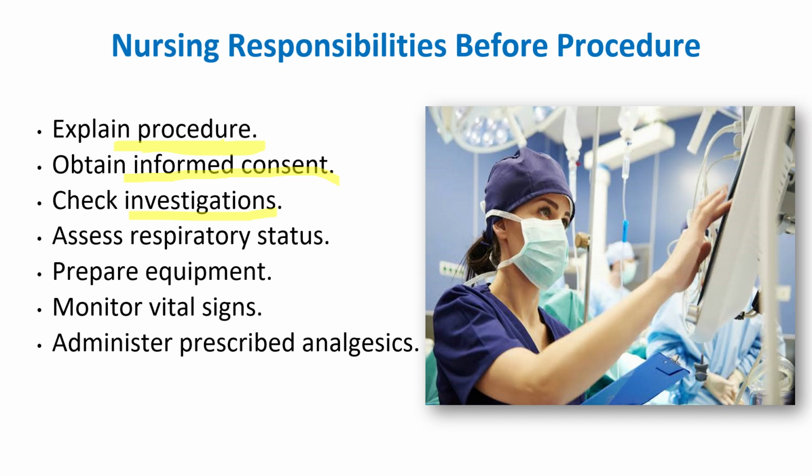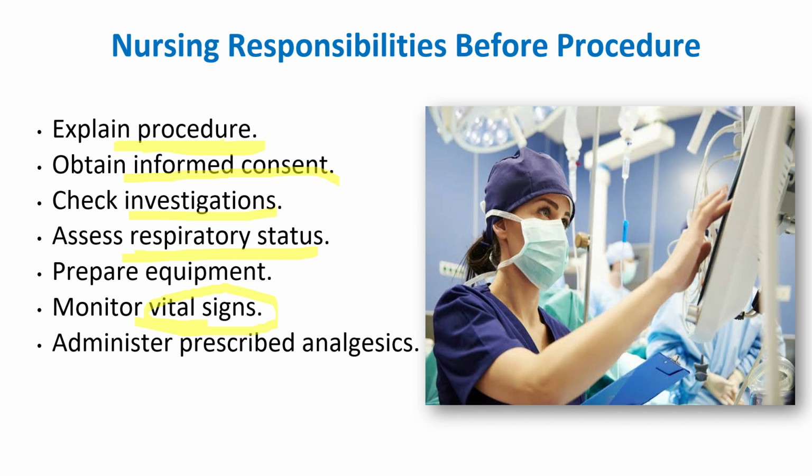Definitely you have to assess the respiratory status. So you have to check vital signs, and in that RR, respiratory rate, is very important. Prepare the equipment. You cannot go and run out for things, so you have to prepare all the needed articles at the bedside while you perform the ICD insertion. Monitor vital parameters, very important. Very commonly we say vital signs, but we tend to do all 5 parameters.